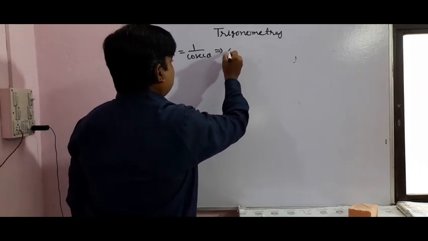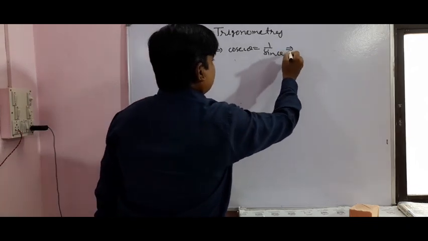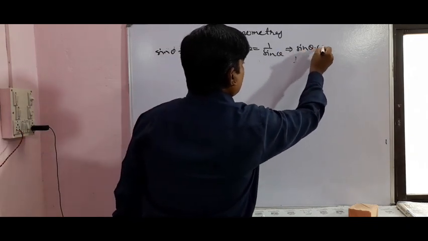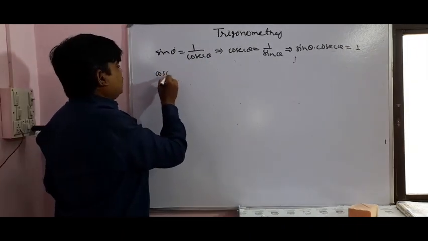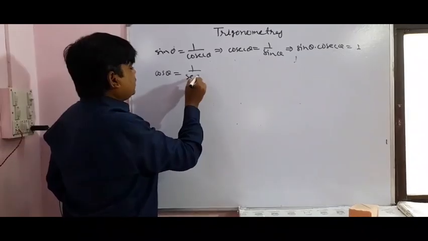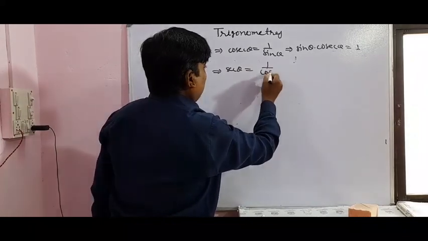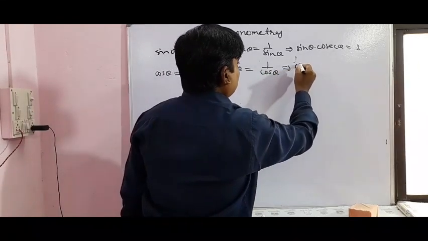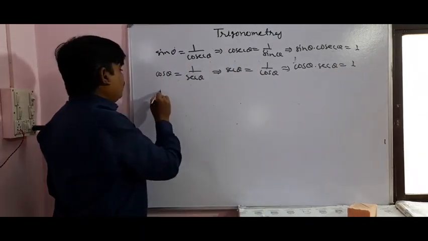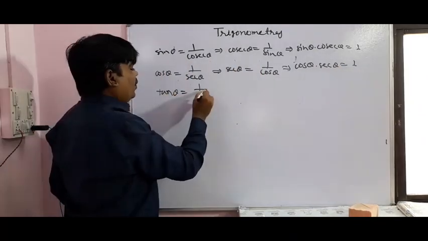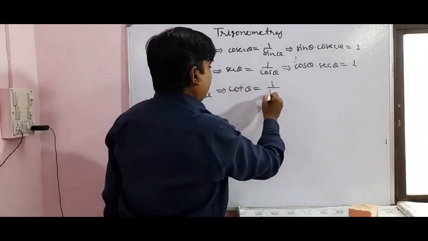So we can write cosec theta equals 1 upon sine theta, and we can say sine theta into cosec theta equals 1. For cos theta, it's 1 upon sec theta, or we can say sec theta equals 1 upon cos theta, or cos theta into sec theta equals 1. And for tan theta, it's 1 upon cot theta, and cot theta equals 1 upon tan theta.